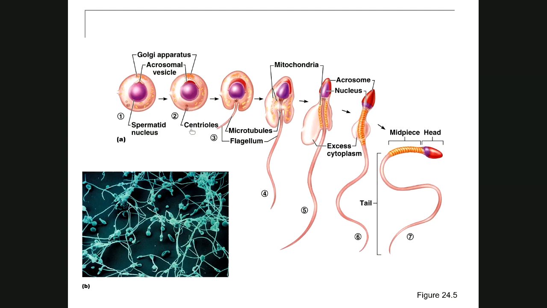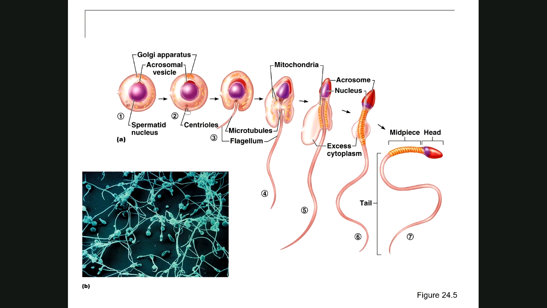You need to know that centrioles are organelles in the cell which can make a division spindle, if you remember from Bio 1010, and also these centrioles can make flagella. So they come into one pole of the cell to make flagella.